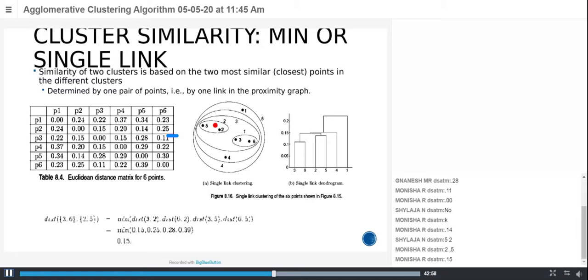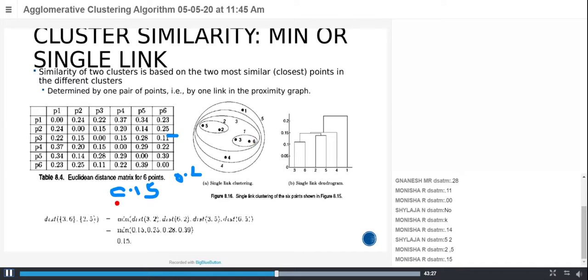Instead of calculating the distance between these two points, I wanted to calculate the distance between 3, 6 and 4. Once I calculated, I can easily see the minimum distance is 0.15, but the distance between these two points is 0.14. That's why, instead of forming the second cluster here, I went with 5 and 2. So the first cluster is 1 and the second cluster is 2. Now I want to form the third cluster.